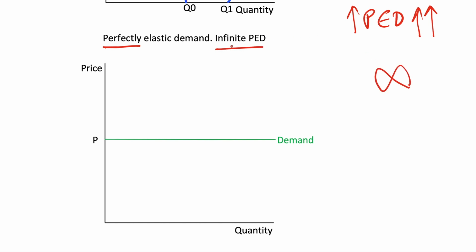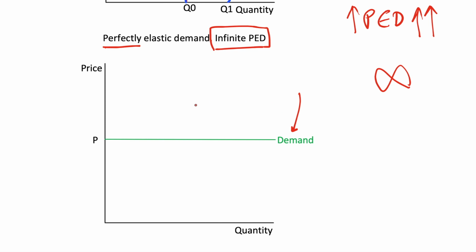As we've also said, a flatter demand curve is a more elastic demand curve. So as we get the highest possible PED, an infinite PED, this is going to give us the flattest demand curve possible, which is of course a perfectly horizontal demand curve, as we have on this graph here.